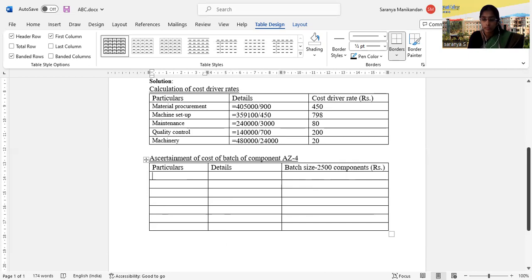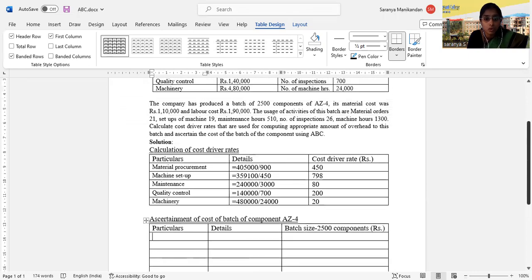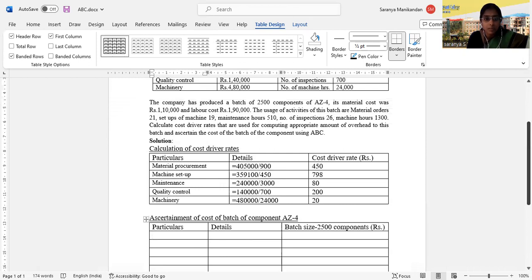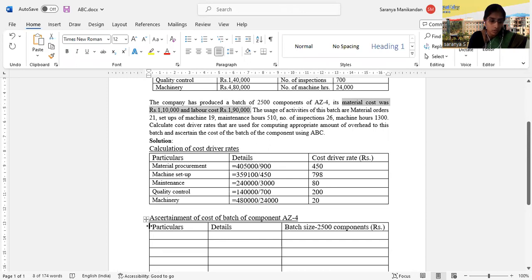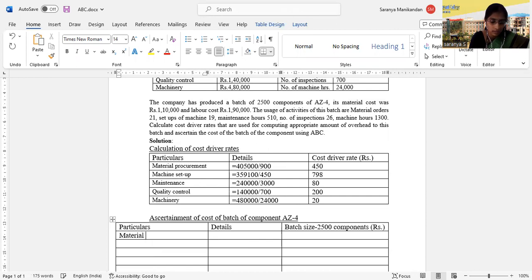So the first one. All of us know how to prepare the cost sheet. Prime cost is nothing but the aggregate of direct material, direct labor, and direct expenses. Here the material cost and labor cost are given in the first lines. So you'll write material cost as 1,10,000, and the direct labor cost is given in the second line as 1,90,000.